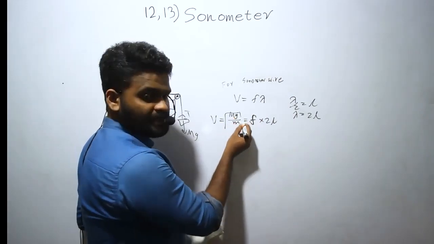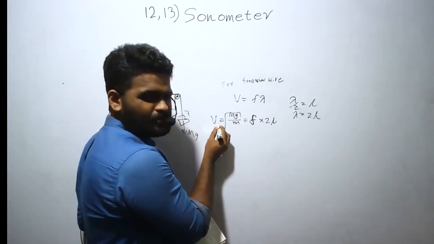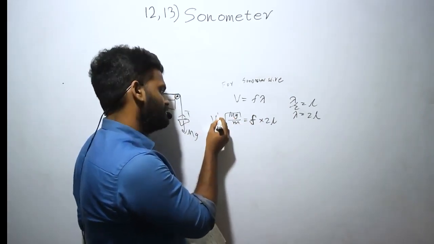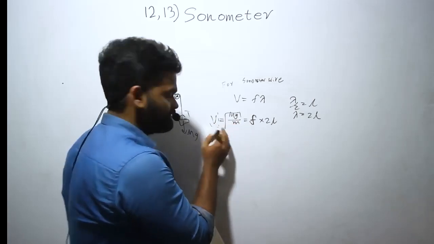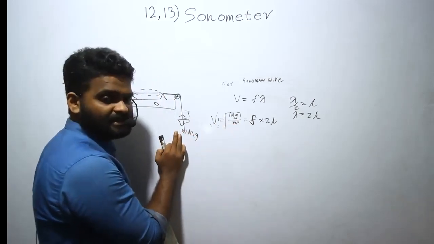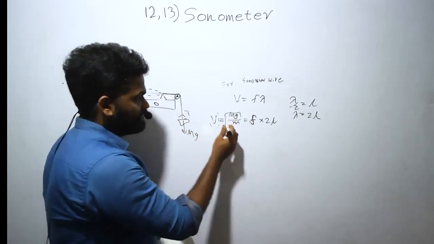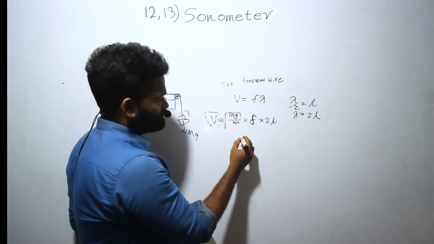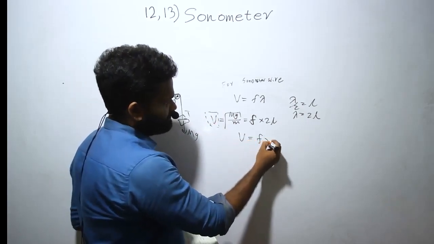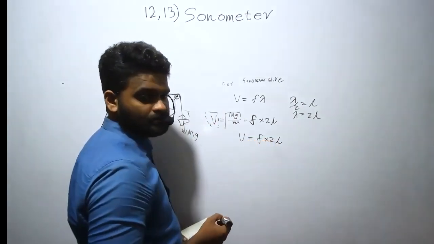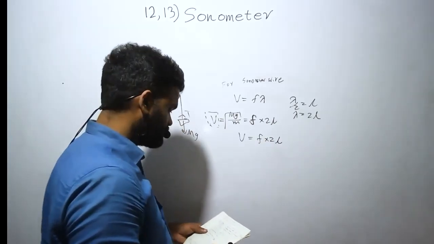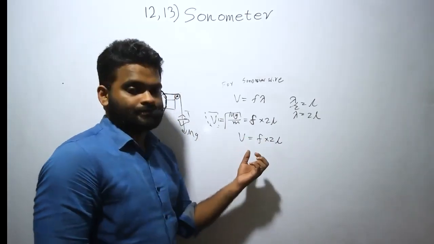Since we are not going to change this, I am just keeping this to be V in this experiment, right? We are not changing any of this. This is a dead weight here. We are not changing this. So if you keep it constant, you can say V equals F times 2L.